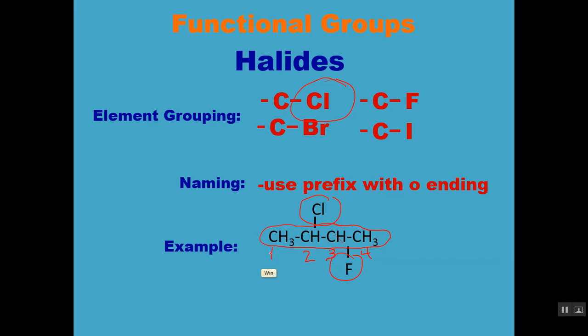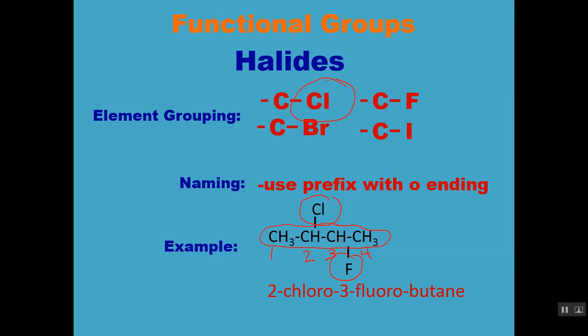All right, so then going about naming it, we're going to name it just like we did with the functional groups for hydrocarbons. And so in terms of naming, we would simply say this. We would say 2-chloro, because again, we started on the side closest to the chlorine since it's the first we get to alphabetically.